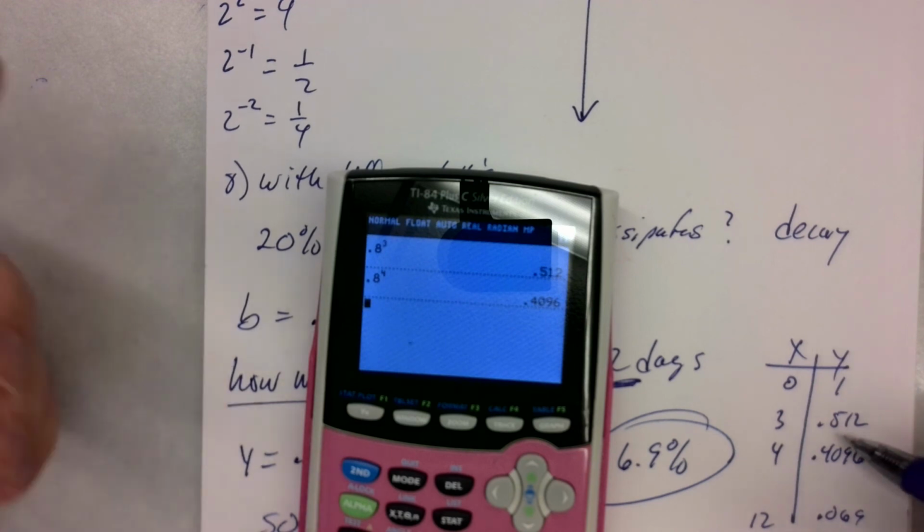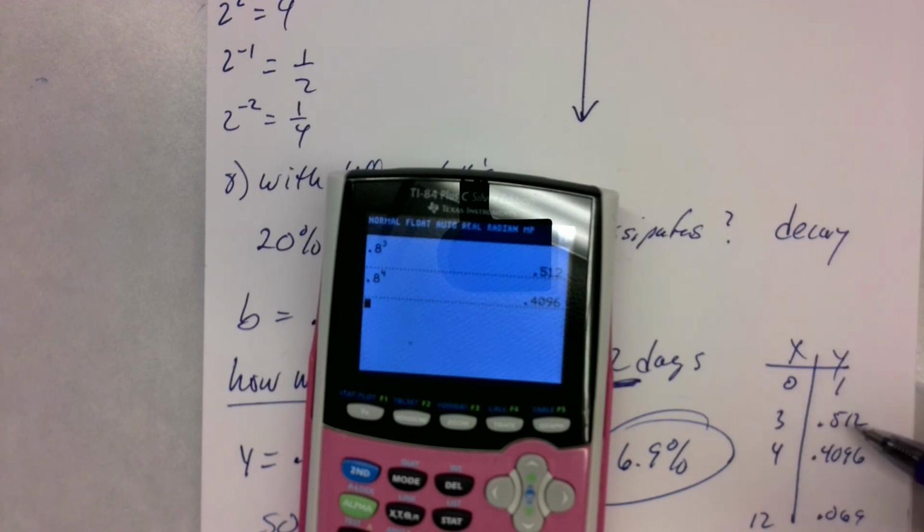So it would have to be any day when? Between 3 and 4. Yeah, after day 3, wouldn't it? Because at 3 I'm above, but after 3 I would start to go below, right?